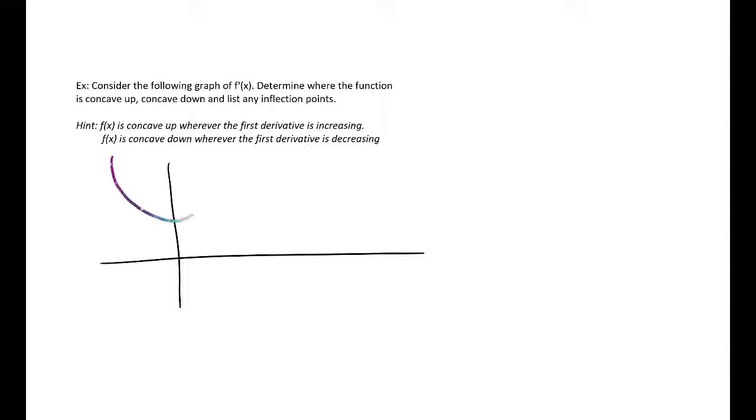All right, let's say the graph did something like this. And right here, this point right here, I'm going to call this x equals 5. Keep in mind, very important, what I just drew was the graph of f prime of x. This is not the original f of x, this is the first derivative.